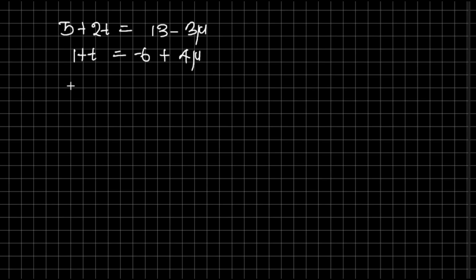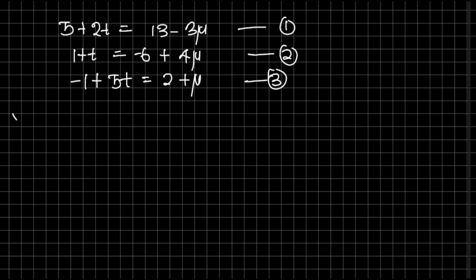From the first one, we have 5 plus 2t equal to 13 minus 3 mu, and 1 plus t equal to minus 6 plus 4 mu, and minus 1 plus 5t equals 2 plus mu. Let's call these equation 1, equation 2, equation 3.